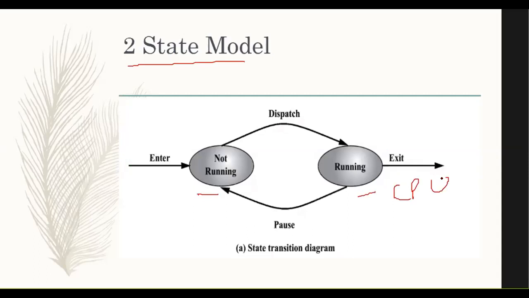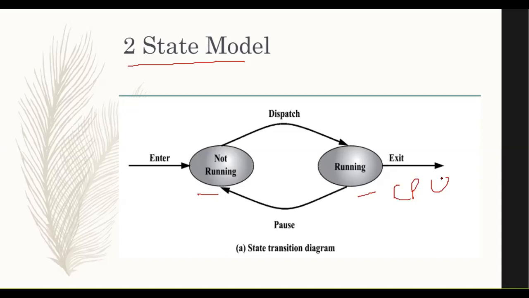And we had picked that there are certain restrictions with respect to the two-state model, and those are how to identify which process is not running and what is the reason behind it. There is a pool of processes having several different reasons for not running, and all are in a single state. So to distinguish between processes is not feasible in this two-state model.